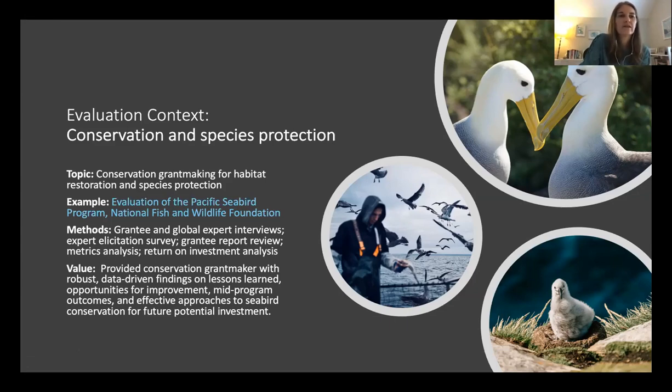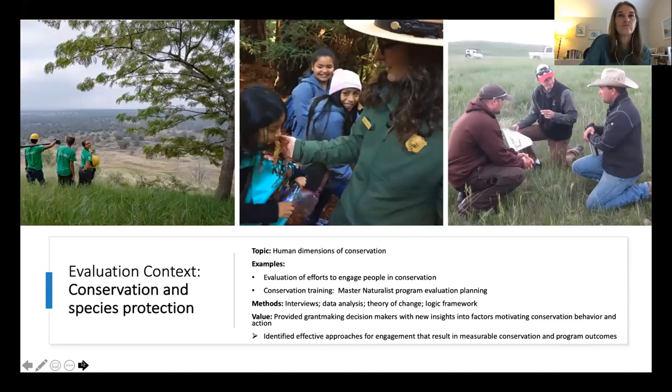And findings from this were used. NFWF uses external evaluation findings to inform its grant making and how it writes its RFPs and how it structures and continues or doesn't continue programs. There are 2 examples here.